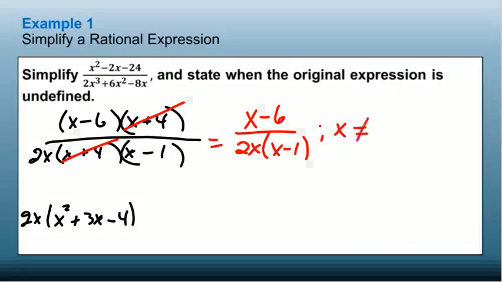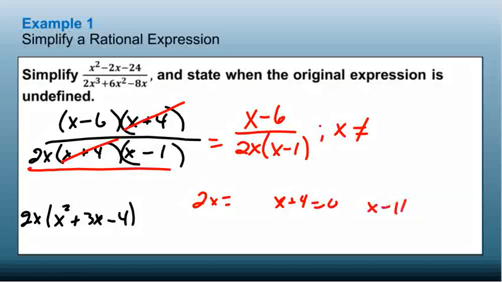When it's undefined, take each factor of the denominator and set it equal to 0. This would be 2x equaling 0, x plus 4 equaling 0, and x minus 1 equaling 0.